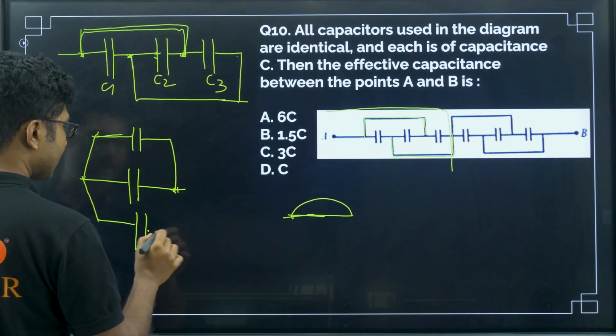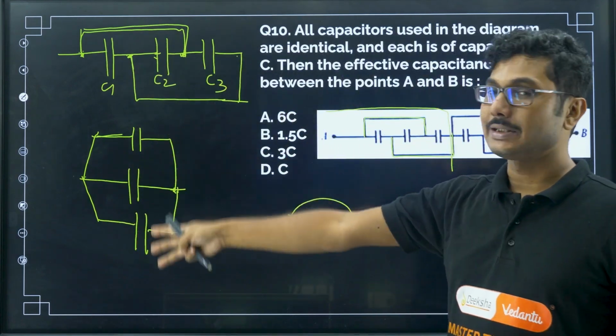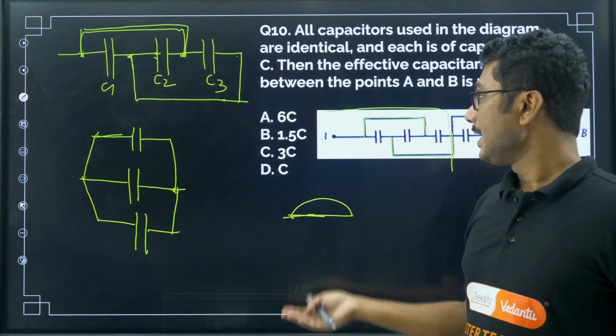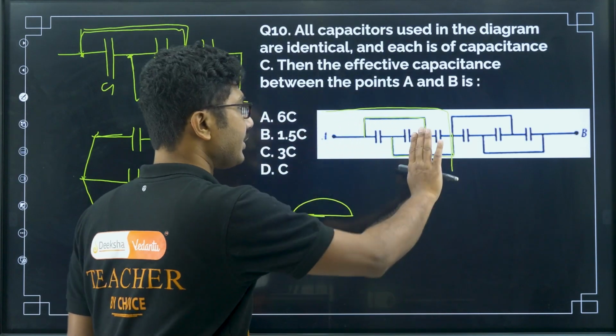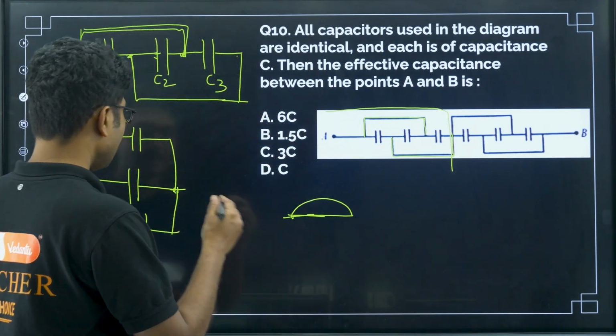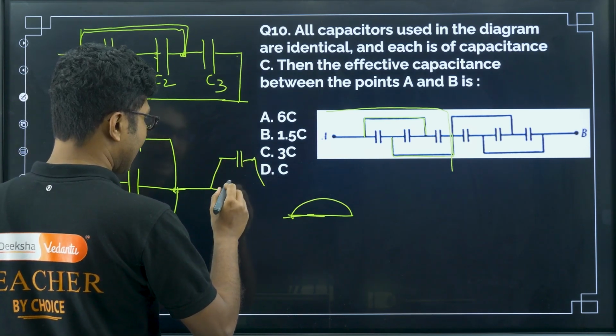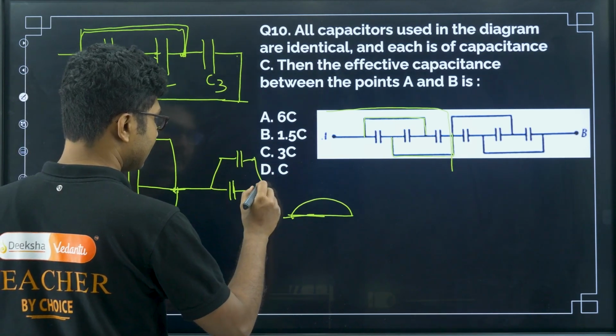So this is nothing but 3 capacitors in parallel combination. Similarly, if you consider the other half, there are also 3 capacitors connected in parallel, and the entire thing is then connected in series.